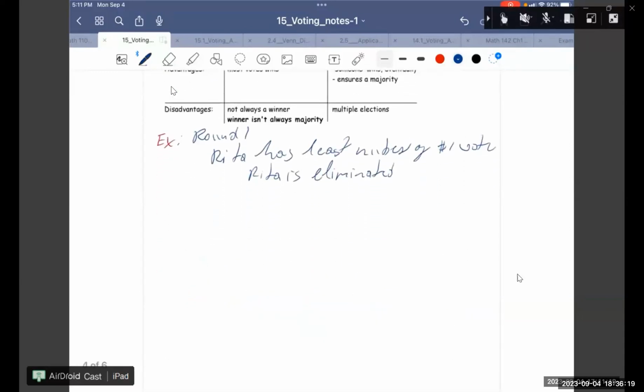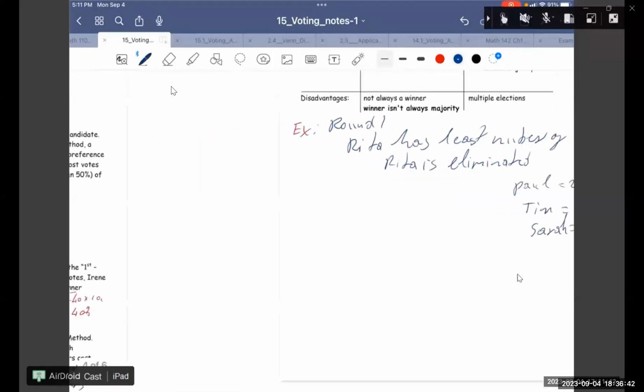And as we can see, we still have the other four. So Paul 220, Tim 220, and Sarah 150.